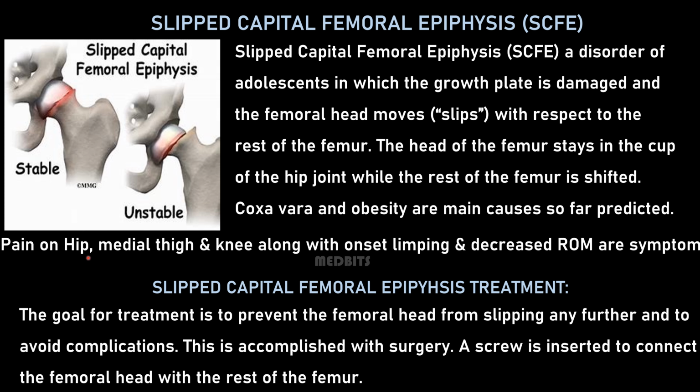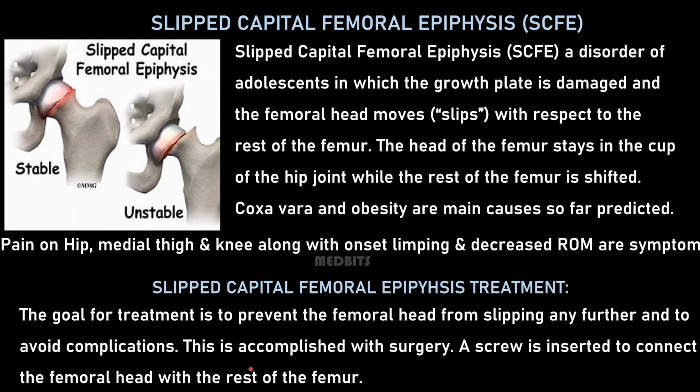These are the symptoms we can observe: pain in the hip, medial thigh pain and knee pain along with onset of limping and decreased range of motion. So what are the treatments we can give for SCFE? The goal of treatment is to prevent the femoral head from slipping any further and avoid complications.